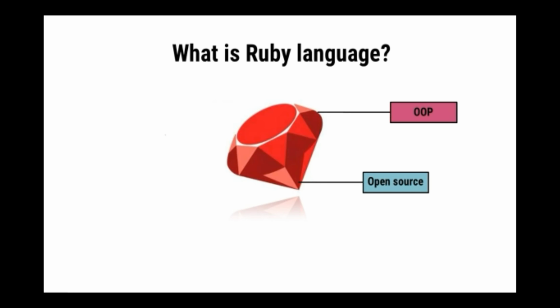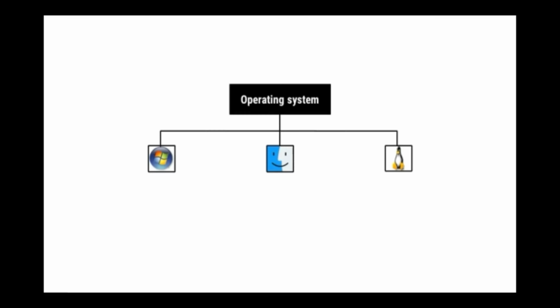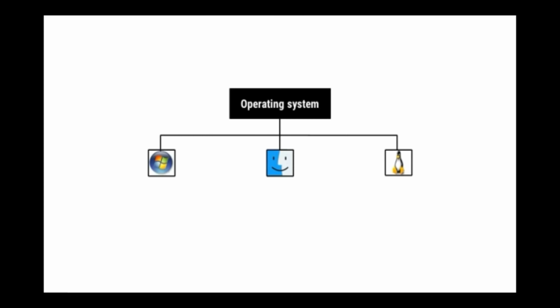Moreover, Ruby was created by the Japanese computer scientist Yukihiro Matsumoto, also known as Matz, in the mid-90s. Ruby works on most operating platforms such as Windows, macOS, and several versions of Unix. Then, it has a syntax similar to that of many programming languages like C and Java, so it's easy to learn for Java and C programmers.